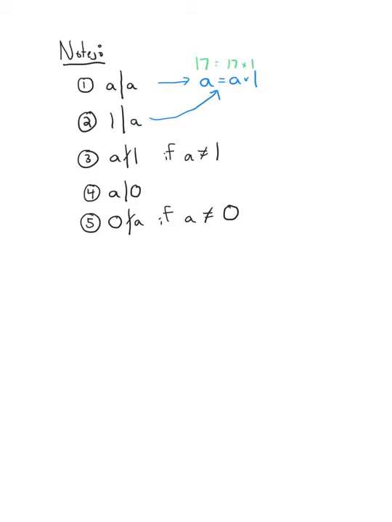And 0 kind of behaves the exact opposite. Everything is a factor of 0. Well, what can I multiply A by to get 0? Well, that's pretty easy. I can multiply anything by 0 to get 0. So A is a factor of 0, since I can write 0 as A times 0.